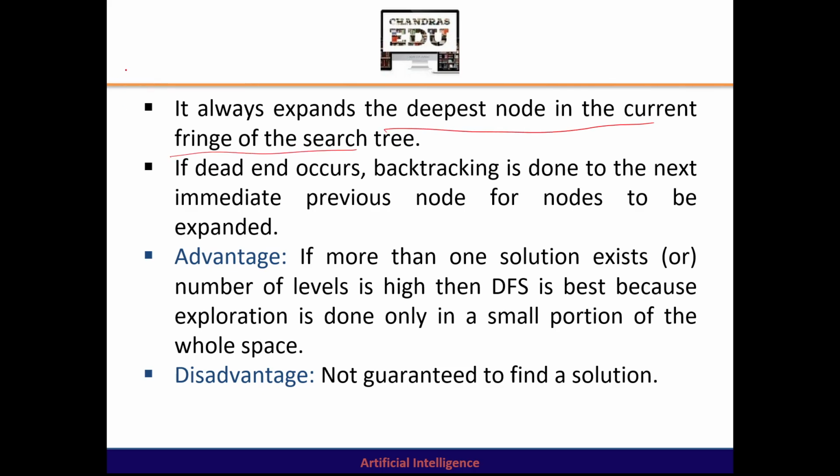Fringe means, as we have seen in the last example, a binary tree. This is a node A, and whatever paths are directing to B or C, we call it the fringe, the current fringe of the tree. That means it will always go deep into the fringes for searching the tree.